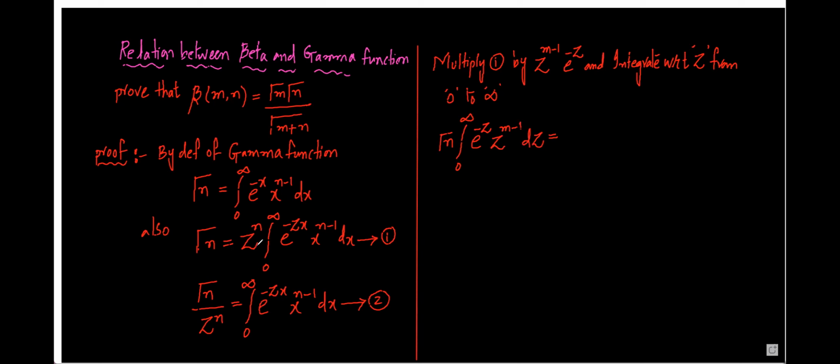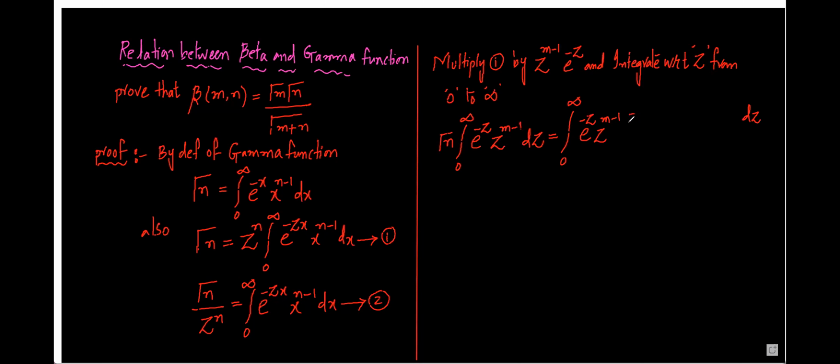Now on this side we have z to the power of n, but since we are integrating with respect to z, we do not consider z as a constant, so z must be inside the integral. So I am writing now, integral 0 to infinity, e power minus z, and z to the power of m minus 1 also as it is, and the dz part I will write here.